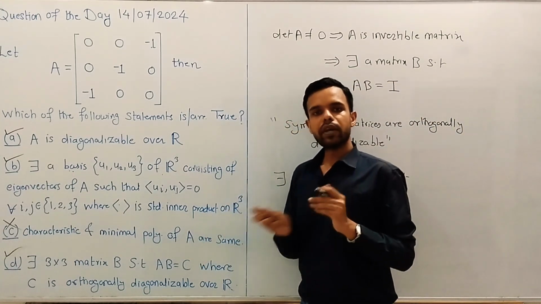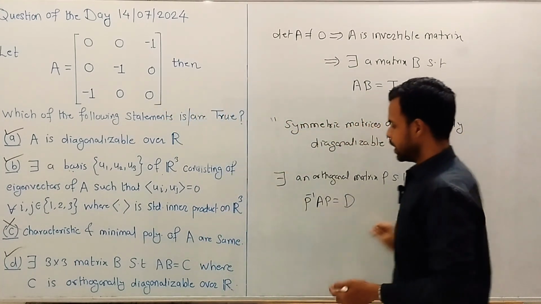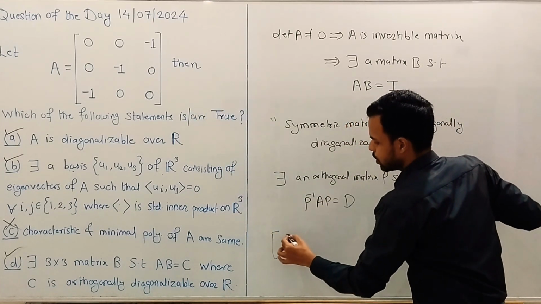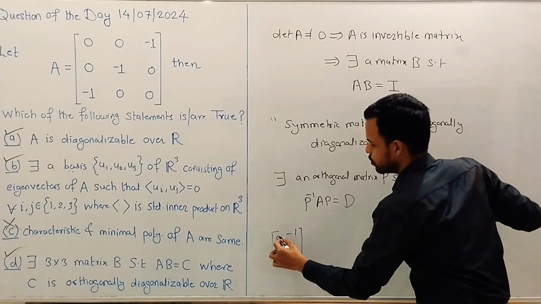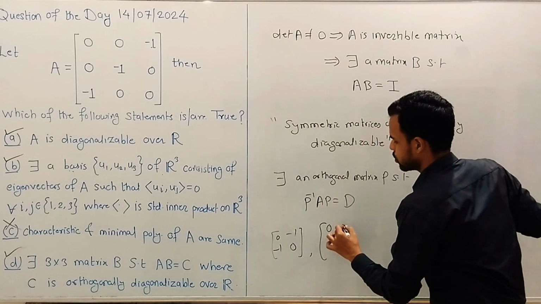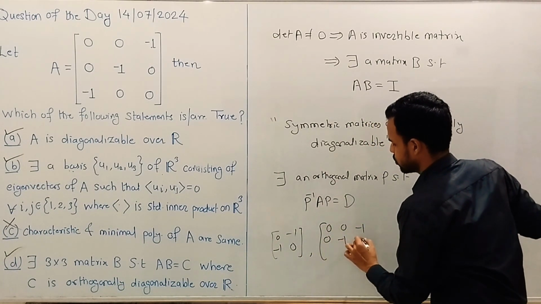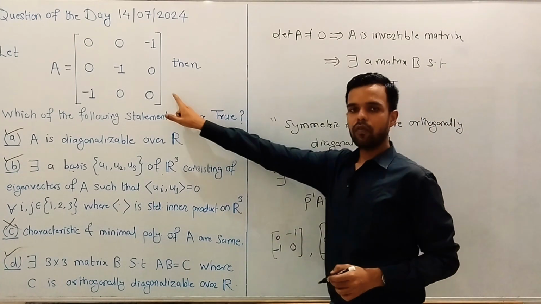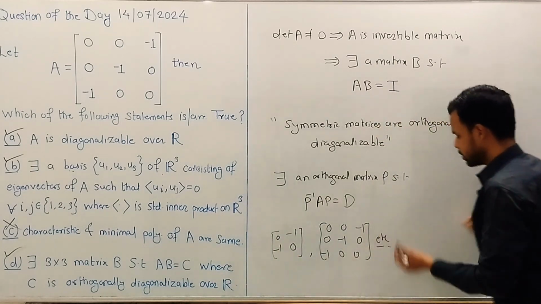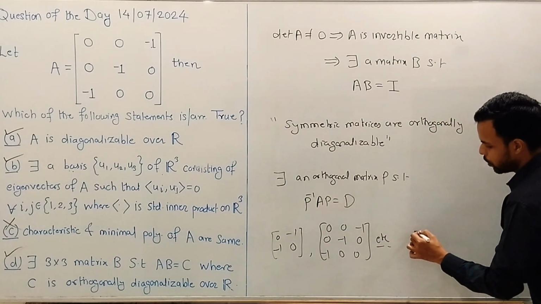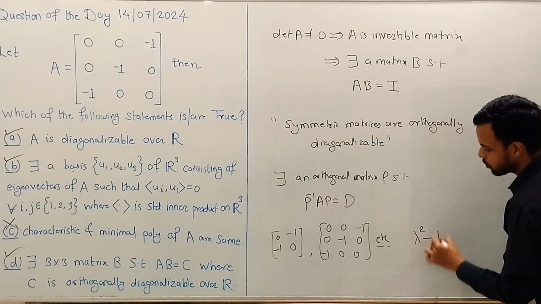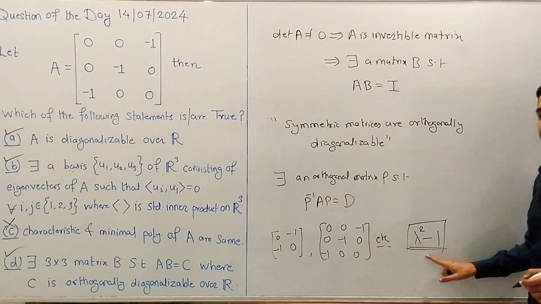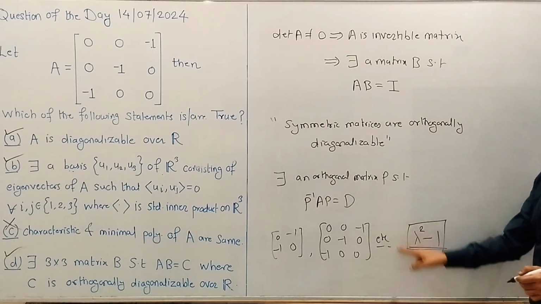And for C, you can simply note that for matrices of this type, the minimal polynomial is always equal to lambda squared minus 1.